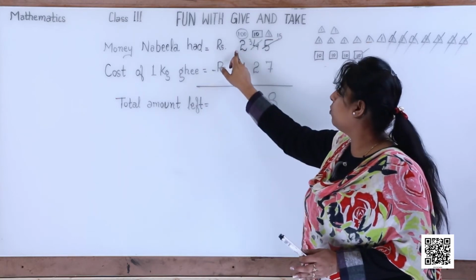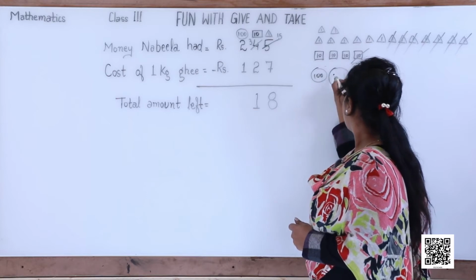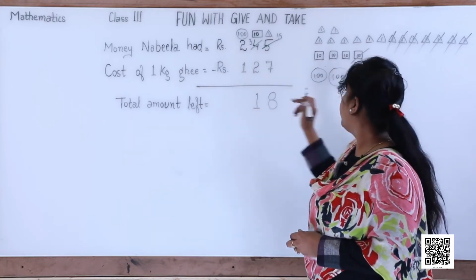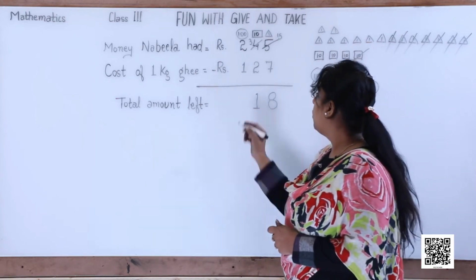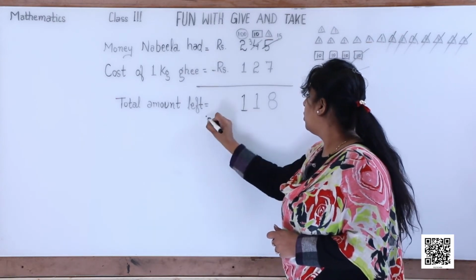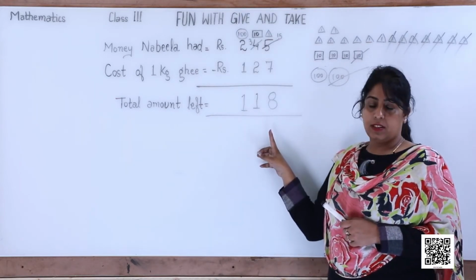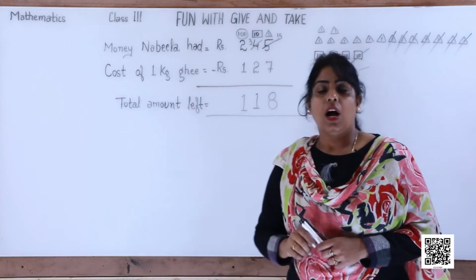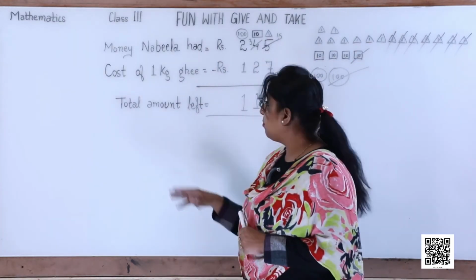Already we have 2 hundreds, right? We have 2 hundreds and out of these 2 hundreds, 1 is cancelled and so what we get is 1. So, she should get 118 rupees.